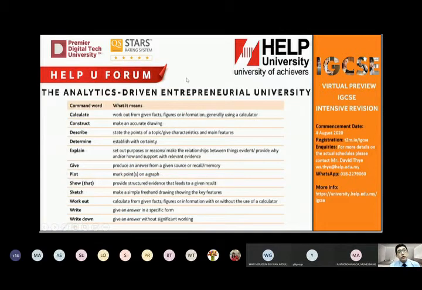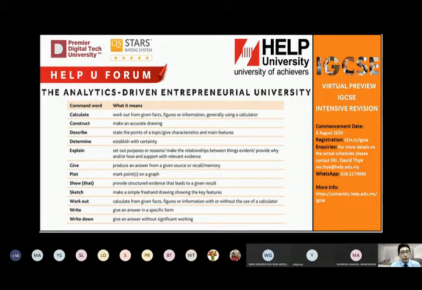So we're going to teach students how to read the question. There are some common words that appear in mathematics and additional mathematics. For example, calculate: work out from the given facts, figures, or information, generally using a calculator. That means students are allowed to use a calculator, but what type of calculator can they use? Construct: make an accurate drawing. Students must be able to draw the correct constructions of a diagram in their answer script. Students also need to know the command words.